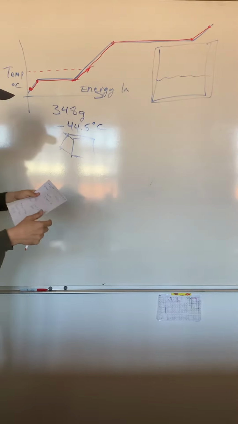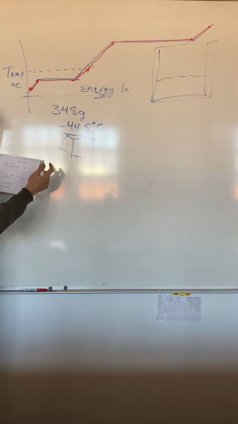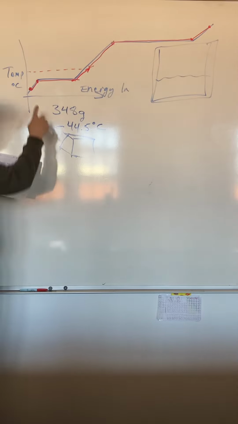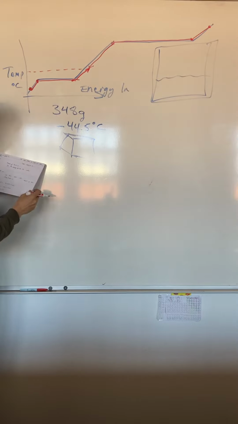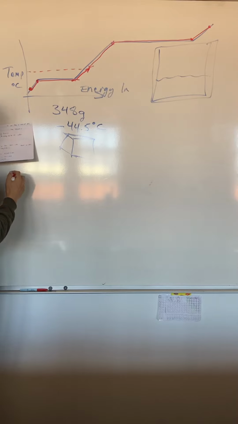So here's how I did each of those calculations. The ice had two pieces. One, we had to increase its temperature from negative 44.5 up to 0 as ice. So that looks like this.